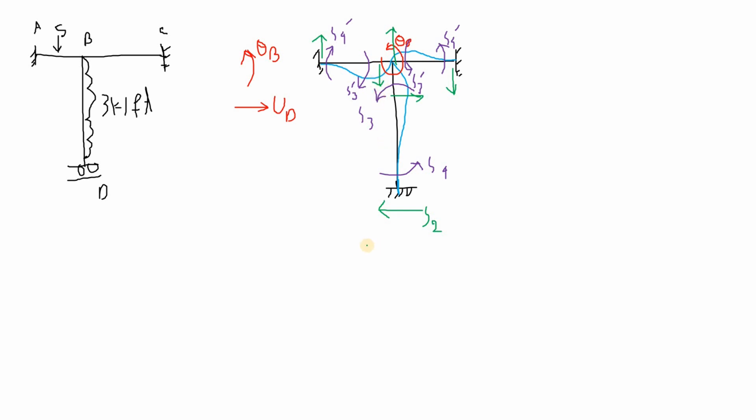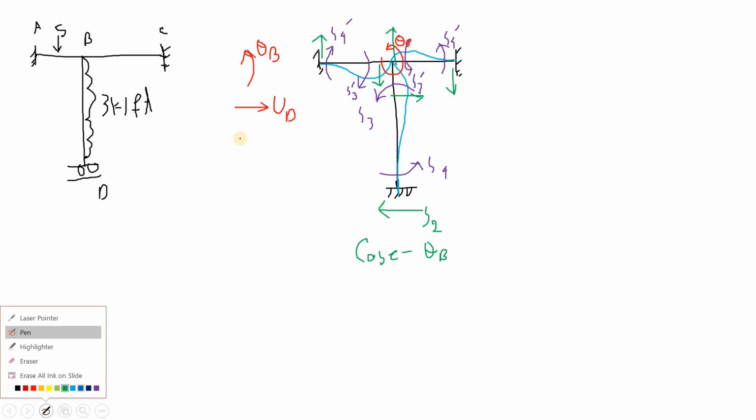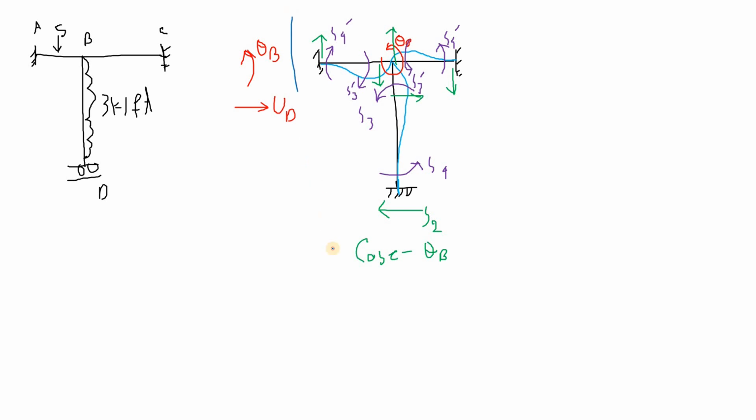Okay, so those are the S2s. Now this diagram was for the case theta B. So let me just give it a boundary. There you go. This one is for case theta B.